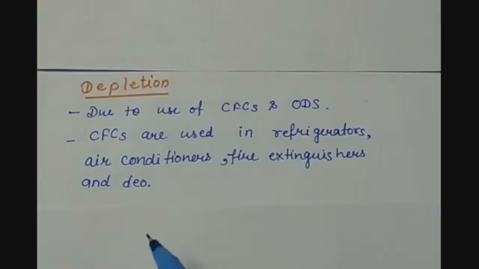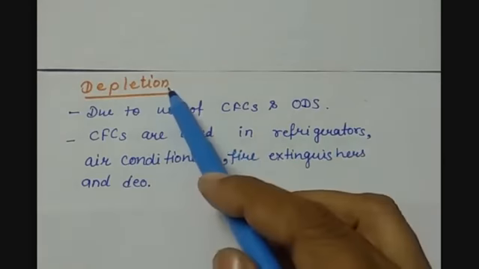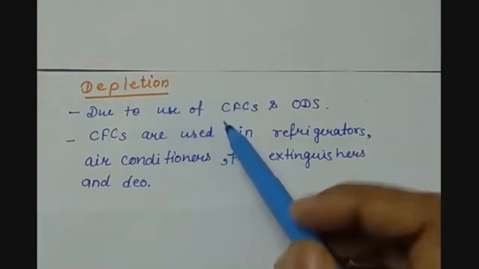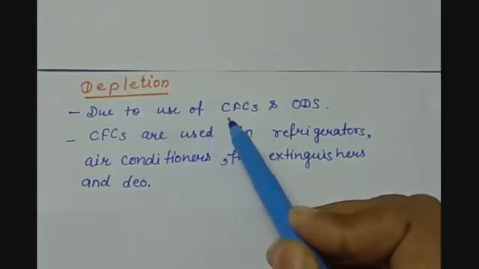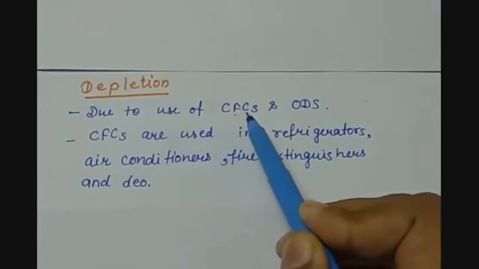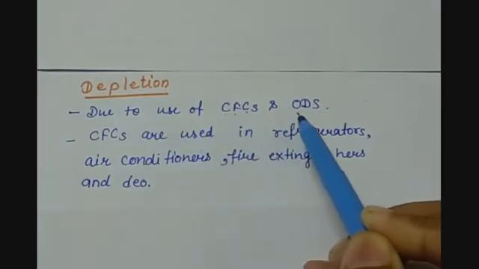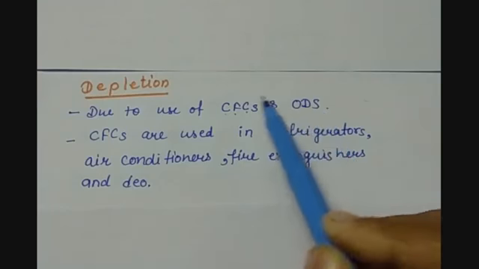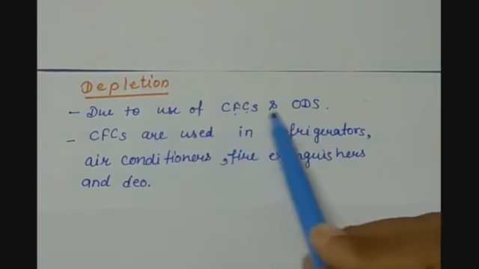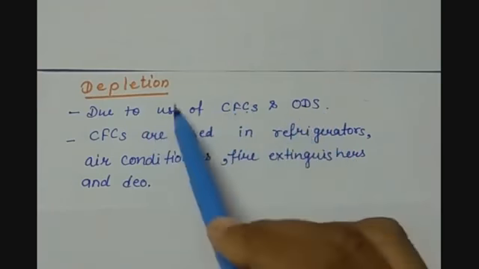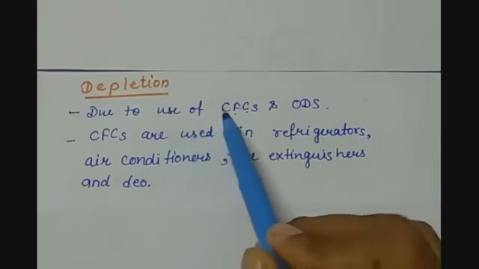So we know that because of the activities of humans, the depletion of the ozone layer is due to the use of chemicals like chlorofluorocarbons or CFCs and ODS or ozone depleting substances. So because of the use of CFCs and ODS, the depletion of the ozone layer is taking place.